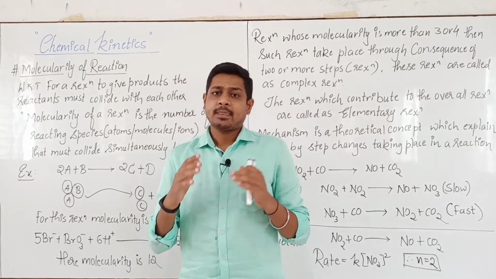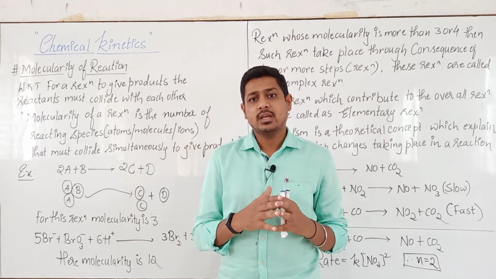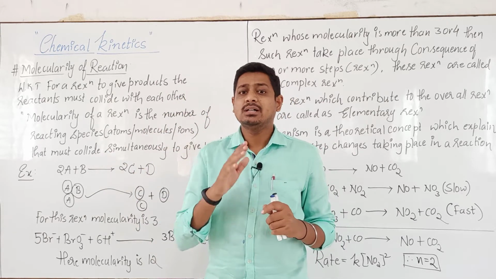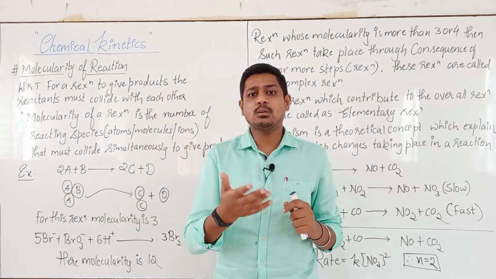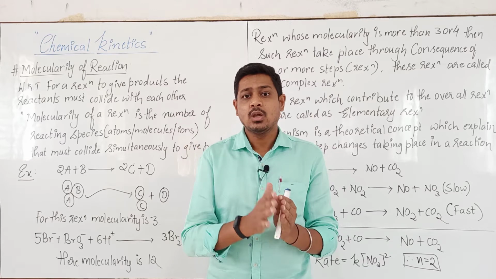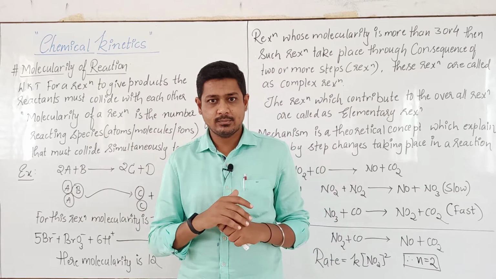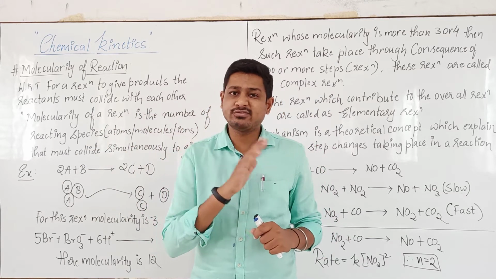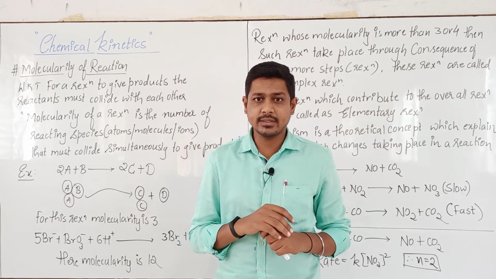So in a reaction, if you want to get the product, then these reactant molecules, which are moving in random directions, must collide in order to give products. This is what we know from the collision theory, isn't it?